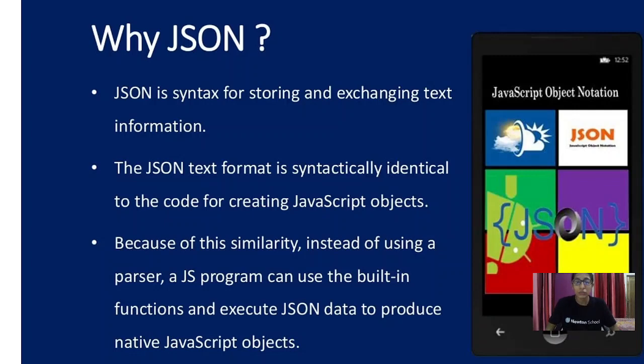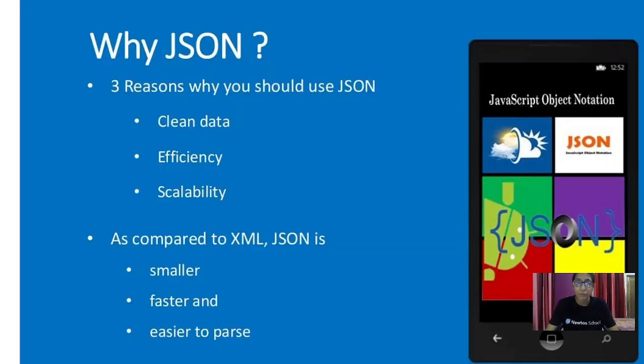This is similar to parsers, or the built-in JavaScript functions that execute JSON data to produce native JavaScript objects. When we convert Python data to JSON, that is called the encoding operation. Encoding is done with the help of the JSON library's dumps method, which converts Python dictionary objects into the JSON string data format.